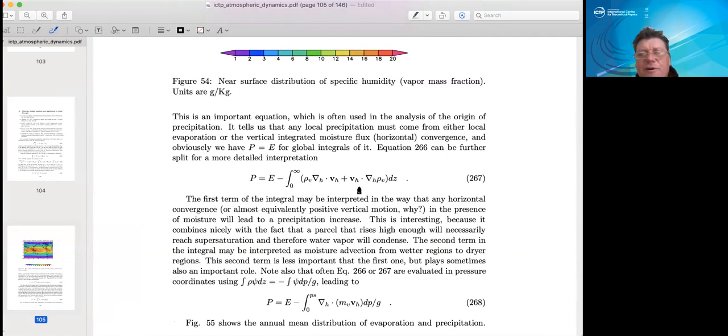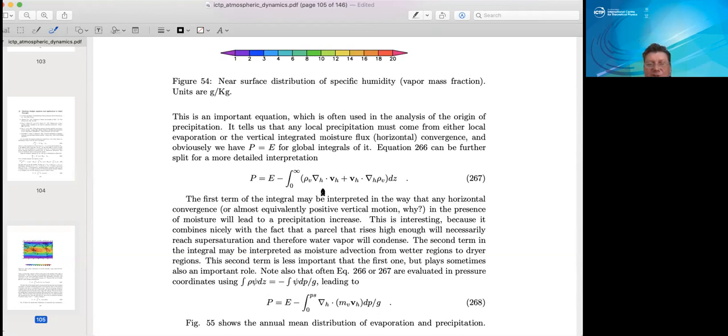It turns out that for most cases, if you evaluate this, the first term is dominant. So the first term tells us that if we are in a moist environment, any horizontal convergence will lead to rainfall if there is no strong evaporation or other factors important. So any strong horizontal convergence will lead us to rainfall.